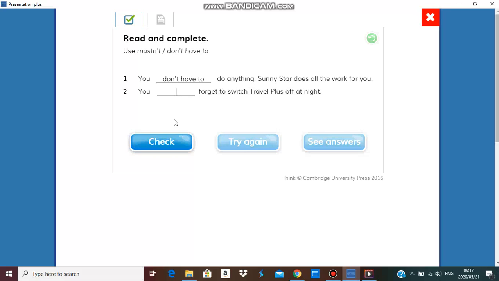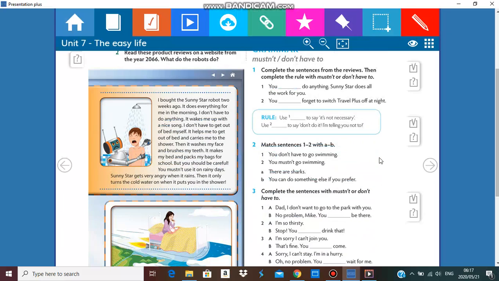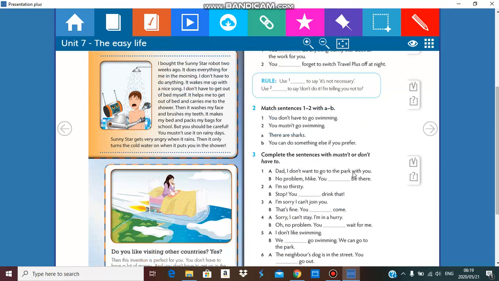You mustn't forget to switch Travel Plus off at night. That's an order. That's a command, okay? Let's check. Okay. And there's one more here in the bottom.